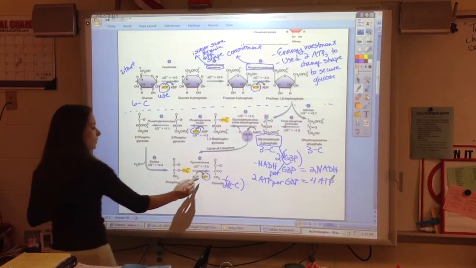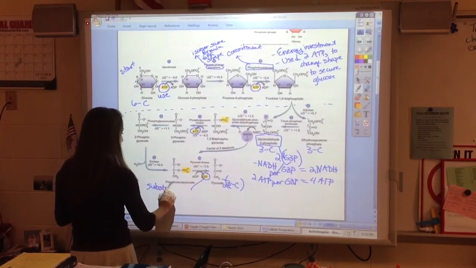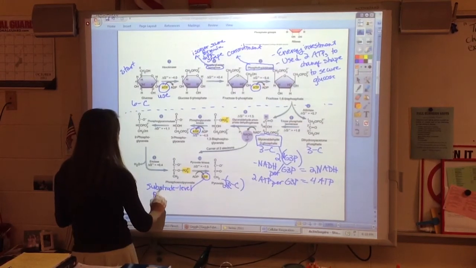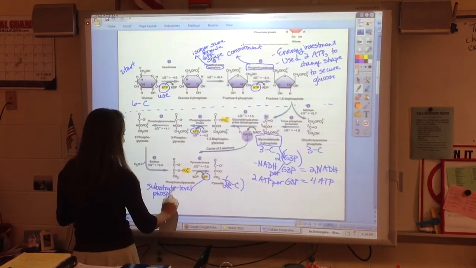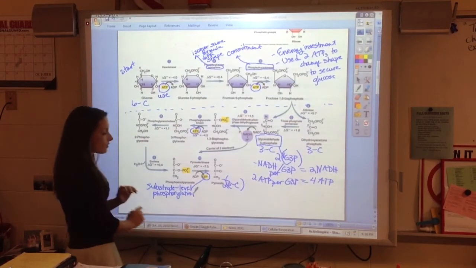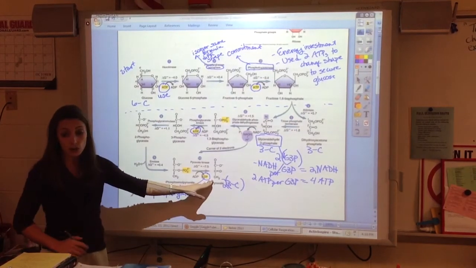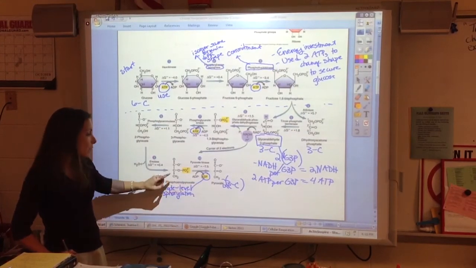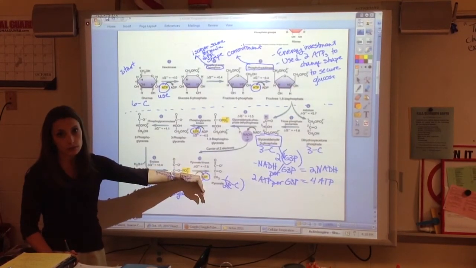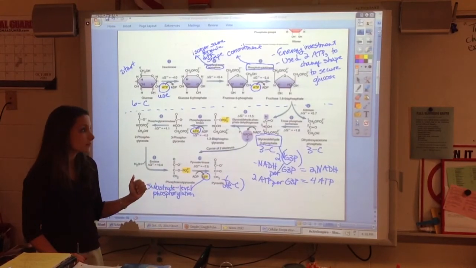This formation of ATP is called substrate level phosphorylation. So big term here, substrate level phosphorylation, meaning that I add a phosphate group on, phosphorylation, and it happens directly from one substrate to another, versus oxidative phosphorylation, which we'll see later.